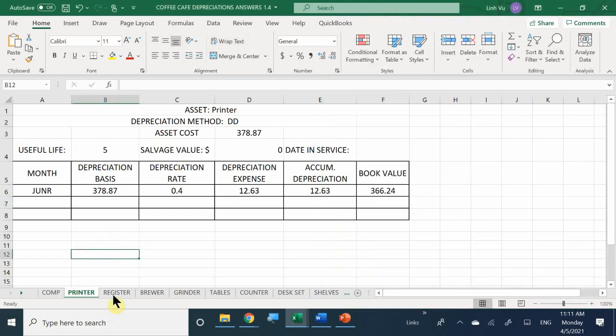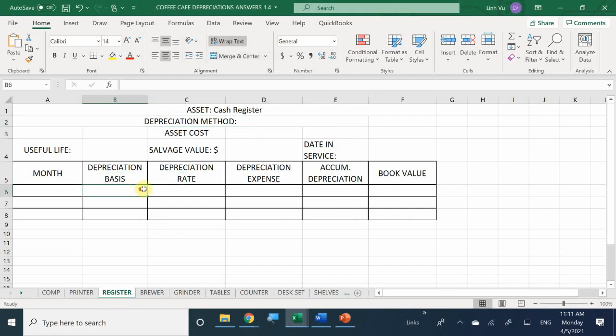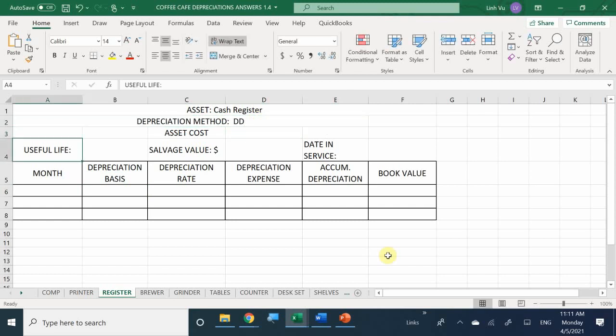Last but not least, we also have to do the cash register. So the cash register here, we're given that the depreciation method is going to be, once again, double declining. We're given that it's 5 years useful life with a 0 salvage value.